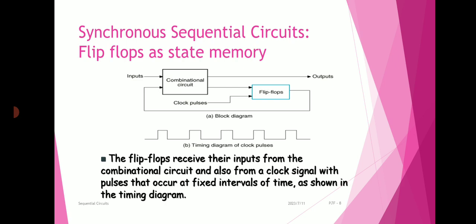The flip-flops receive inputs from the combinational circuit and the clock signal, and then transmit pulses at fixed intervals of time. Each pulse is transmitted at a particular timing, so proper timing is maintained in sequential circuits.